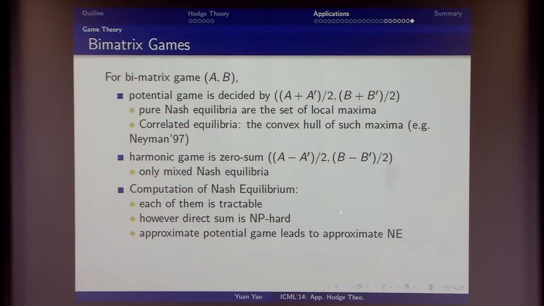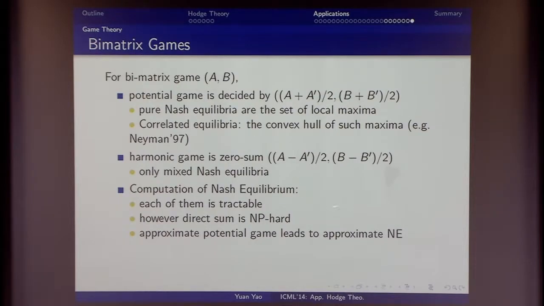These parts are very easy to solve, because for the symmetric part, all the pure Nash equilibria are decided by the local maxima, and the correlated equilibria will be the convex hull of such maxima. A harmonic game actually has no pure Nash equilibrium, only mixed Nash equilibrium.